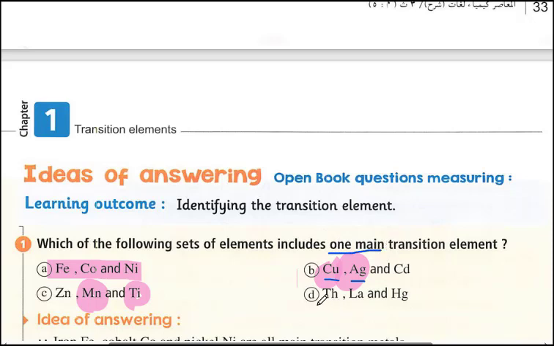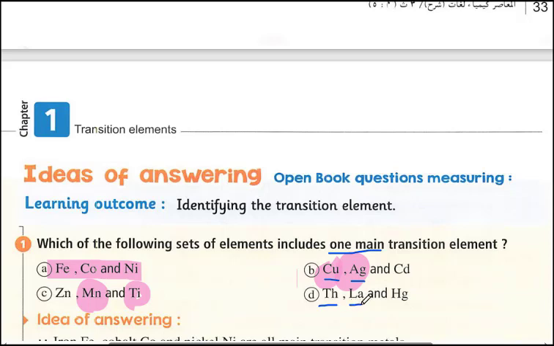So thorium is from the inner transition elements. Its electron configuration is 5f1, so it is not from the main transition elements. Its atomic number is 90. Lanthanum 57, it is under scandium in the periodic table. It is 6s2 and 5d1.